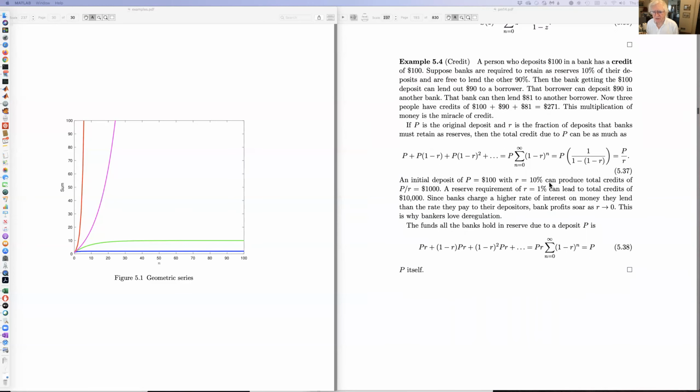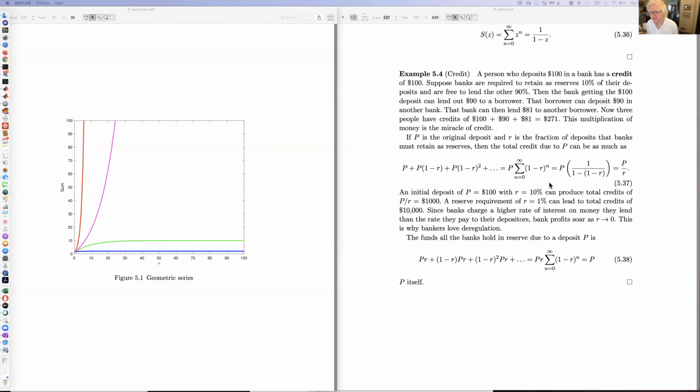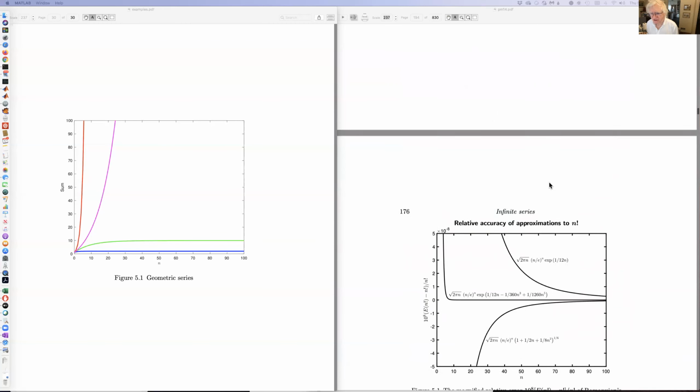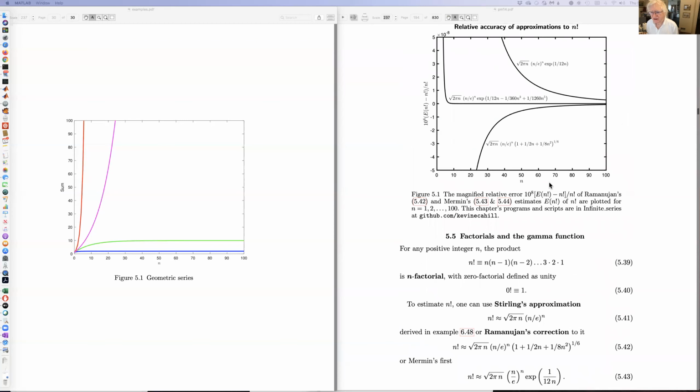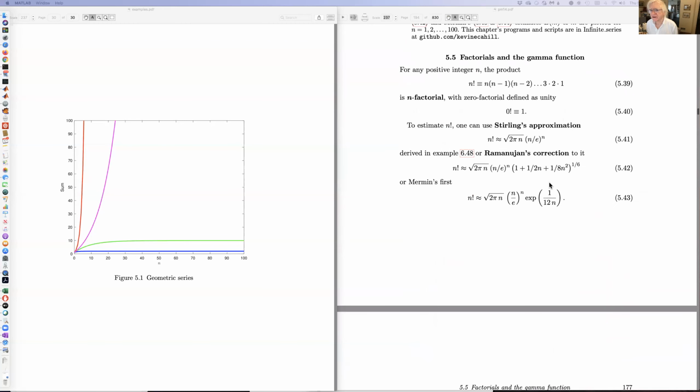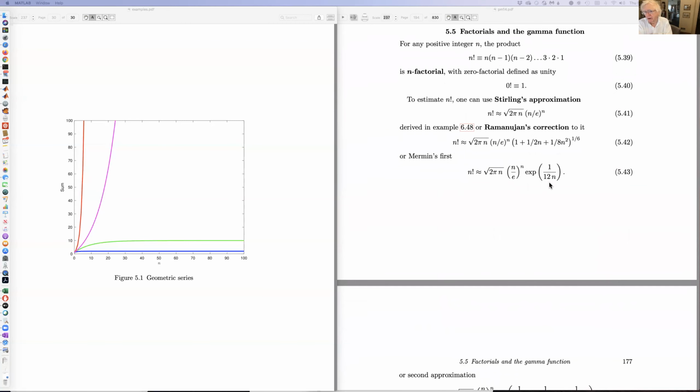Here's an example that I encourage you to read, and if you want, I'll do it Wednesday of next week. Let's now go on to another topic which is important, namely factorials and the gamma function. The gamma function is basically the special function.